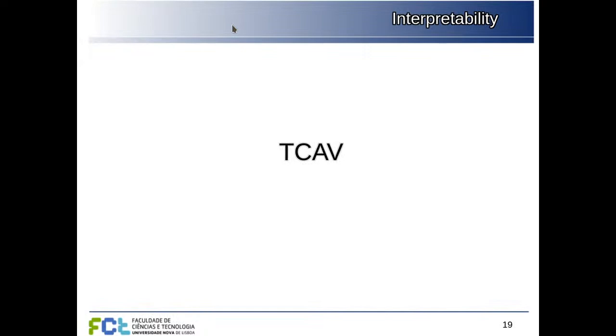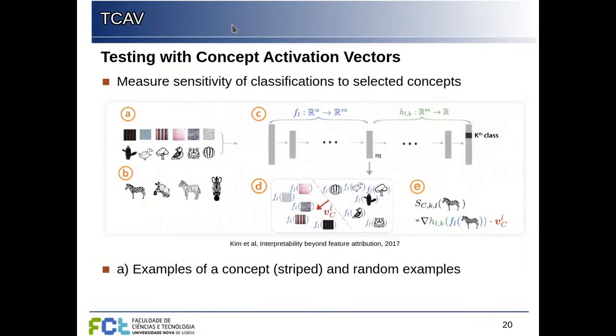So a different approach, TCAV, this is testing with concept activation vectors. And this is not an attempt to attribute relevance to individual pixels, but rather look at this in a more abstract way to see how some concepts are influencing the classification.